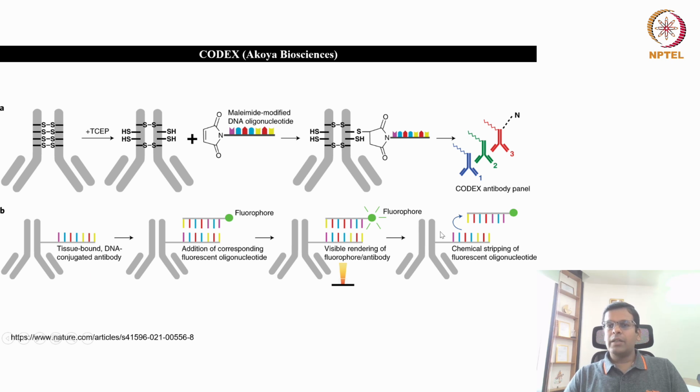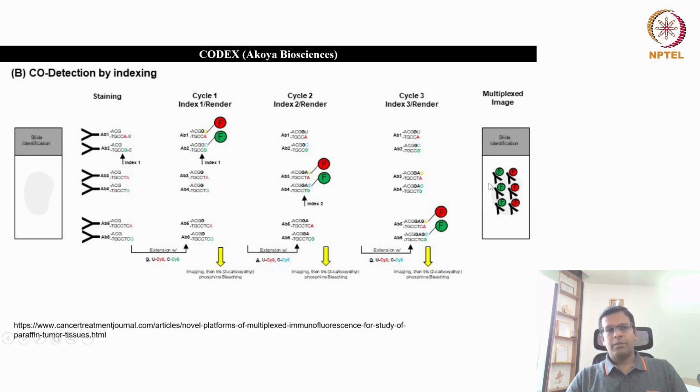Then you can remove this probe, by chemical stripping of the fluorescent oligonucleotide. Using some chemicals, you can denature this double-stranded DNA, and the probe will be removed.